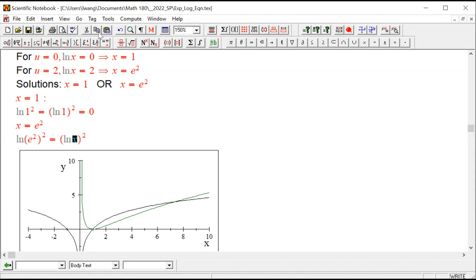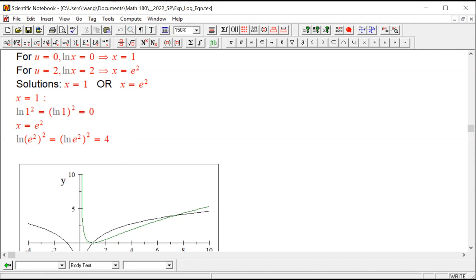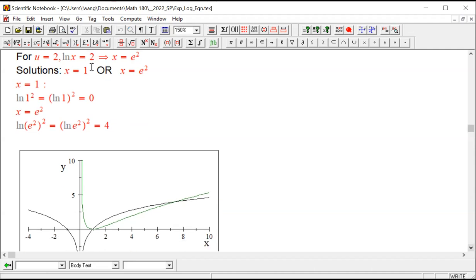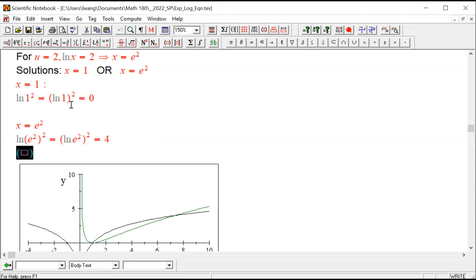And this is e squared. And what will be the output? The output is 4, right? Because this is e to the power 4. ln e to the power 4 is 4. So we got these 2 points. So finally, we can put the points on the graph, right? The first point obviously is input output, right? So that one is input output.